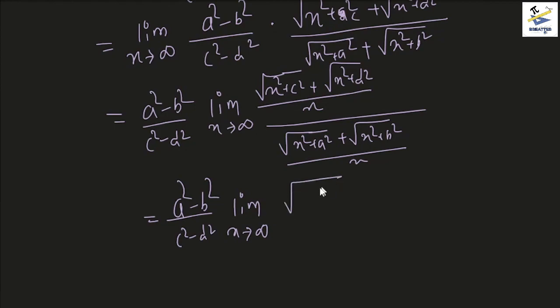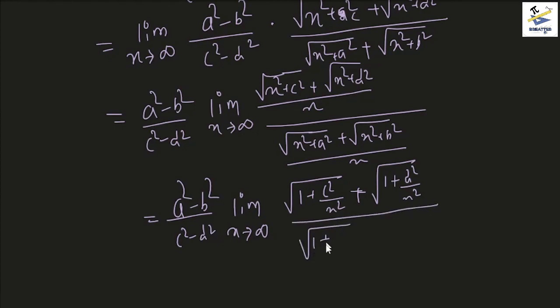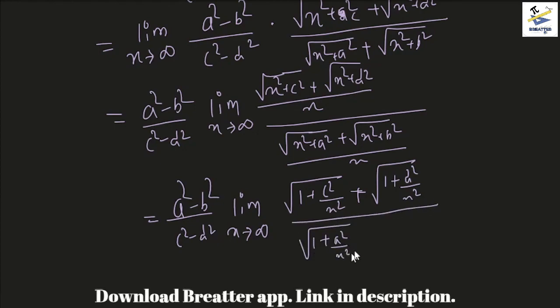Numerator becomes root over of 1 plus c square by x square plus root over 1 plus d square by x square, divided by root over 1 plus a square by x square plus root over 1 plus b square by x square.